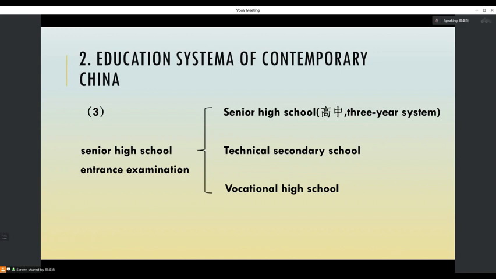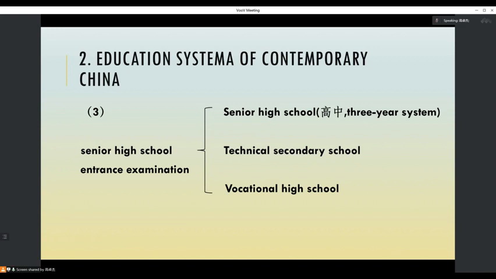The first is high school for 3 years. 高中 is the easiest way to enter college. The others are the technical secondary school and the vocational high school.